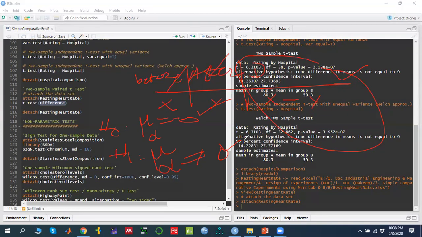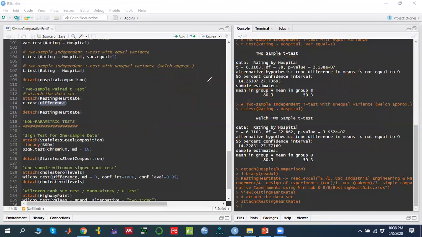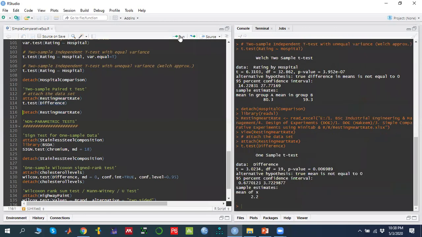So there will be an effect on the resting heart rate if we are able to accept H1. Okay, so we have already attached the data set, and now I'm going to apply the one sample t-test on the difference data set.